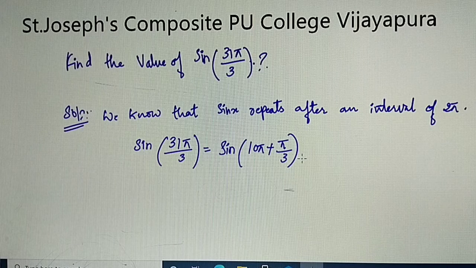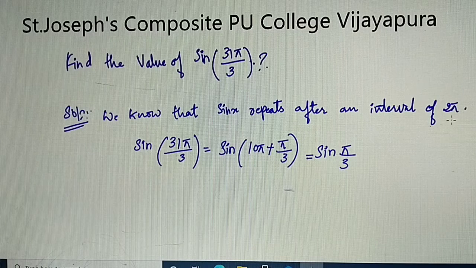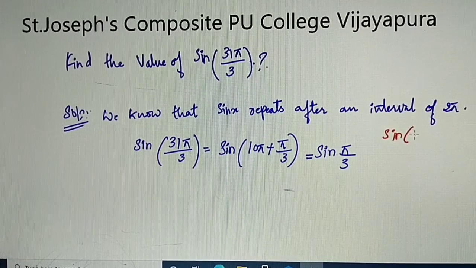So its value will be sine of pi by 3, because from the property, the sine function repeats after an interval of 2 pi, or we know that sine of 2n pi plus theta is equal to sine theta.